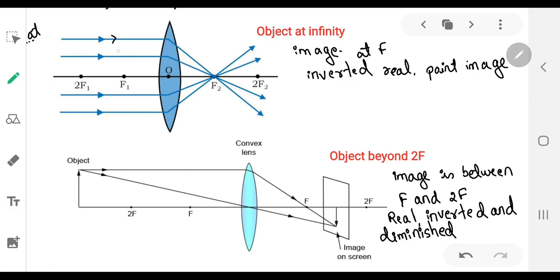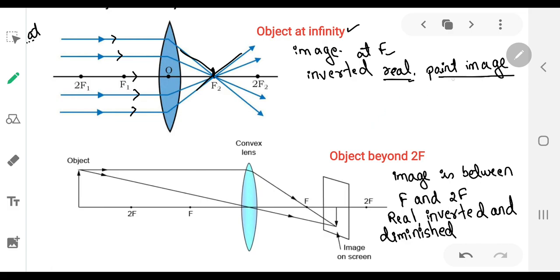So the rays parallel to the principal axis after refraction meet at the principal focus. So when the object is at infinity, the image is at principal focus. How is the image? It is real because the refracted rays are actually meeting after refraction. So you can call it the real image.